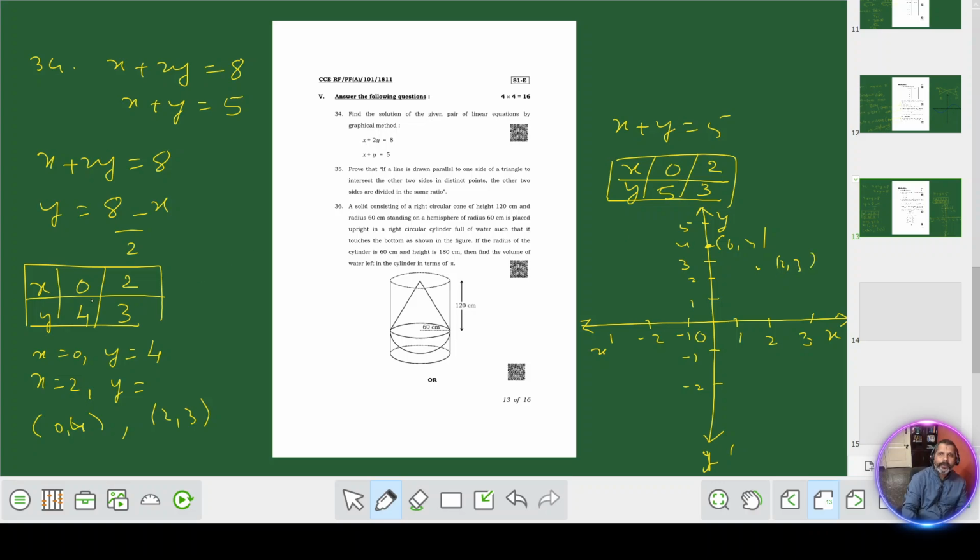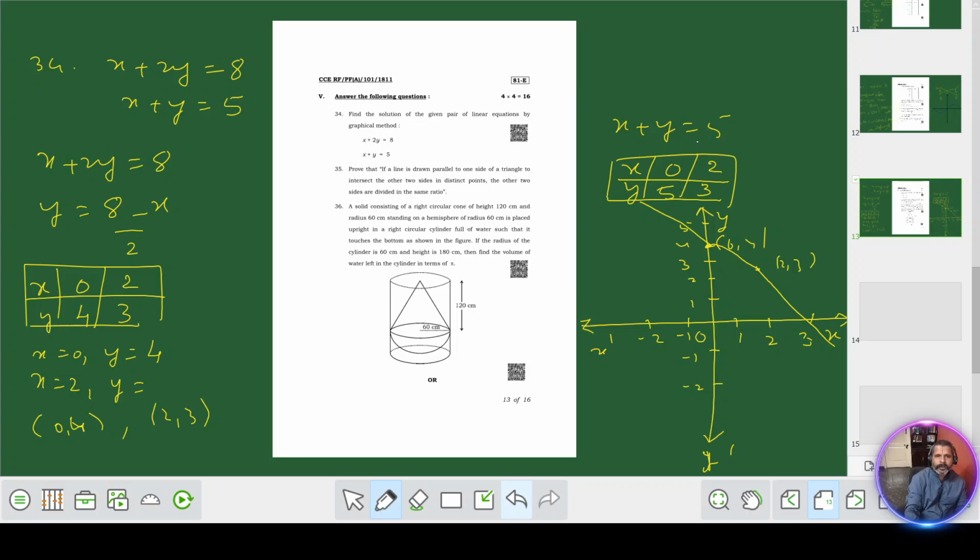First, draw points for the first equation, and join them and produce. Like this it will go. Once you draw, join and produce it, you will get the proper value.